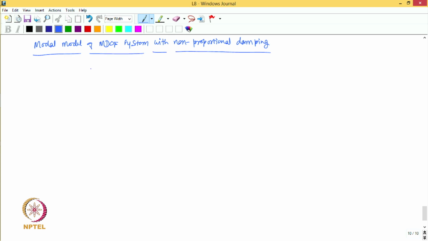So, here now we will have eigenvalues, or we can say natural frequencies rather, because eigenvalues consist of natural frequencies and modal loss factors together, right.